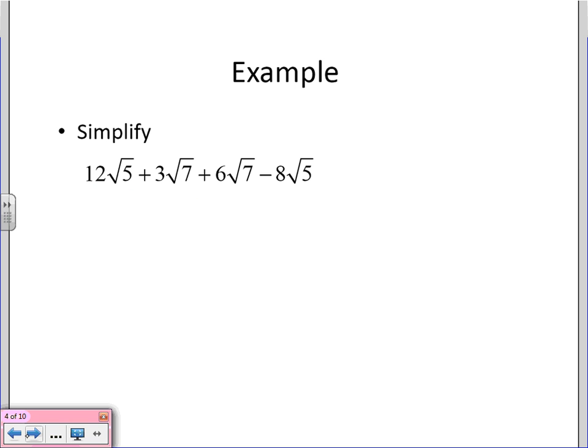Okay, here's another example where I have a couple different radicands in there. I've got square root 5 and I've got square root 7. This is the same thing as when we had monomials, we add only like terms. So because of the commutative property, I'm going to rewrite this so my like terms are next to each other.